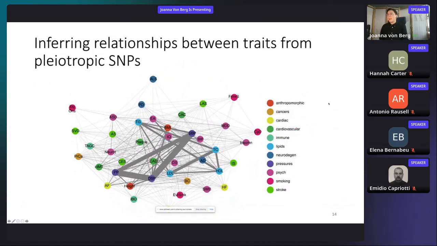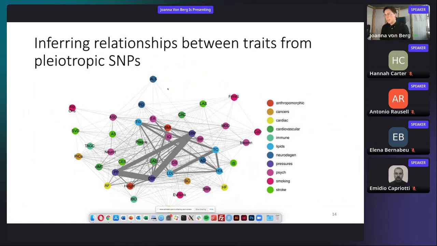So now we make a first step towards analysis of multiple traits. But this is actually still based on pairwise analysis, because up until now, I've always been talking about both traits, trait 1 and trait 2, and finding SNPs that are shared between the 2.